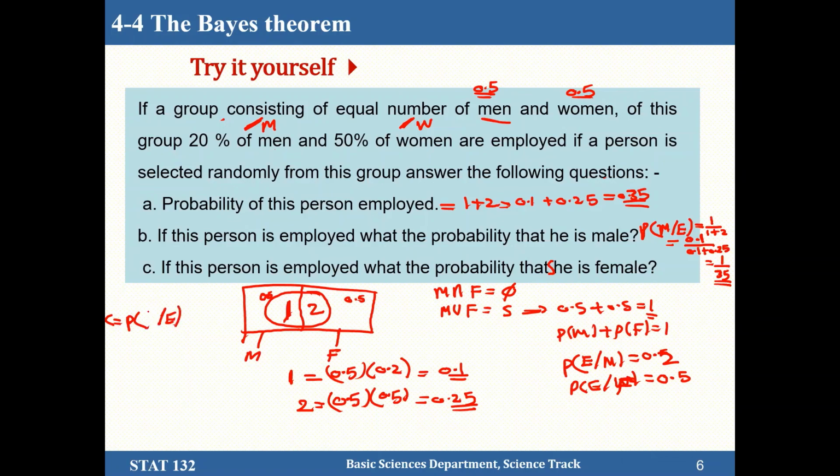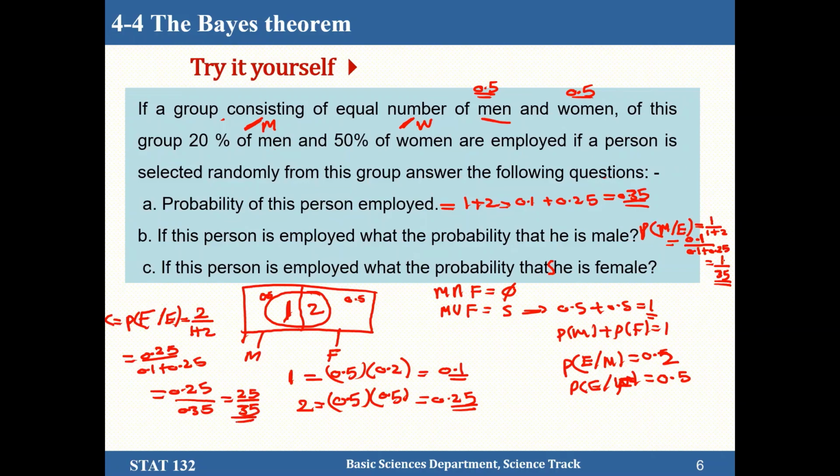This equal, for convenience, 2 over 1 plus 2, equal 0.25 over 0.1 plus 0.25, equal 0.25 over 0.35, 25 over 35.